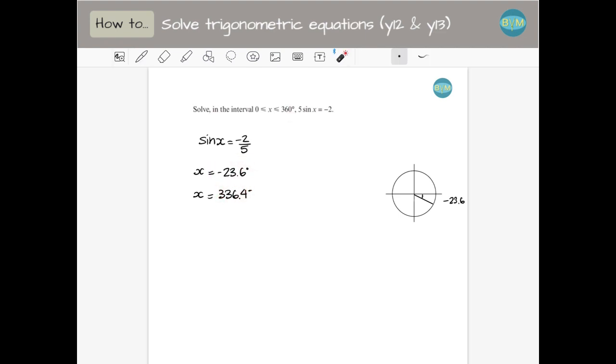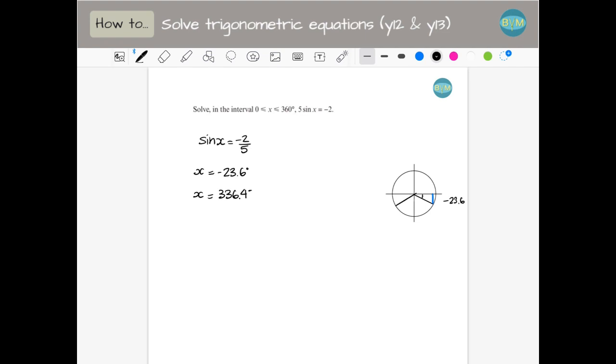And now I have to find other solutions. To find other solutions between 0 and 360, I'm going to think what other angles have the same sine. You can do that with the graphs, with the cast diagram, with the circle. I do it with the circle, but it's up to you how you find the other solutions. So sine, remember, is the vertical line here, the y coordinate. So I'm looking for another angle in that interval that has the same y.